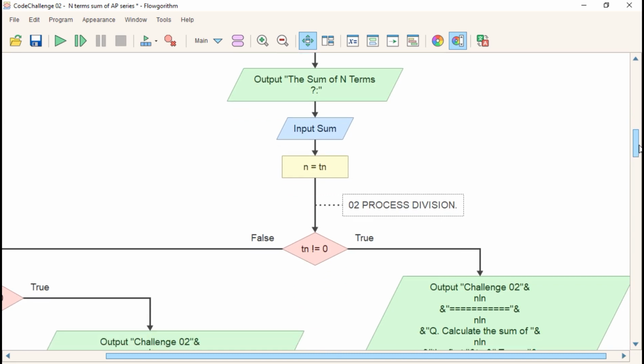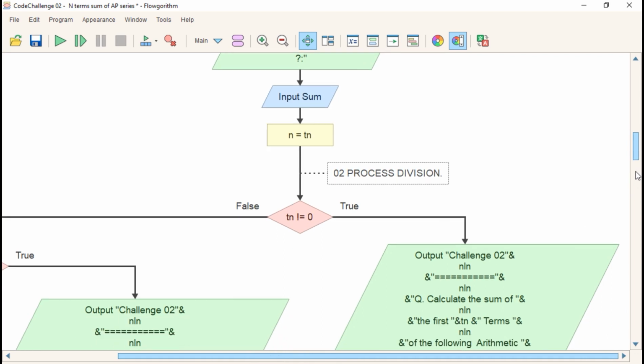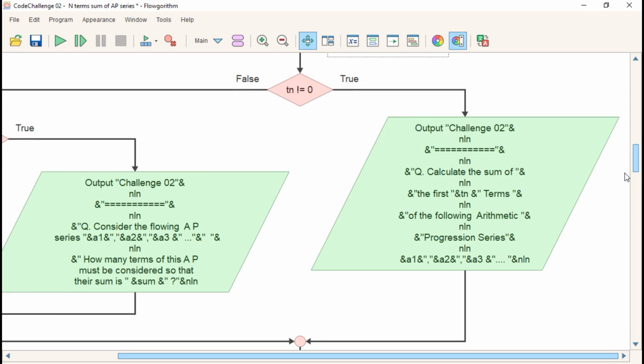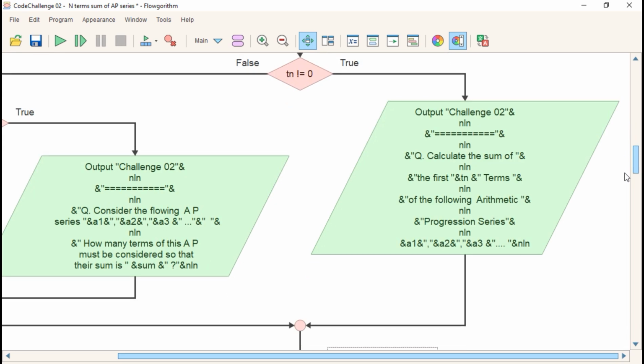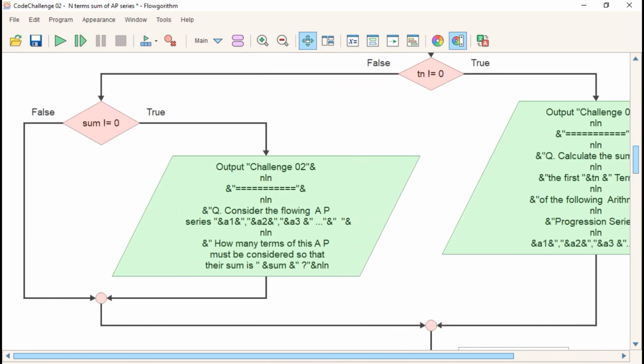One if, when the term value is given, another, when the sum is given.